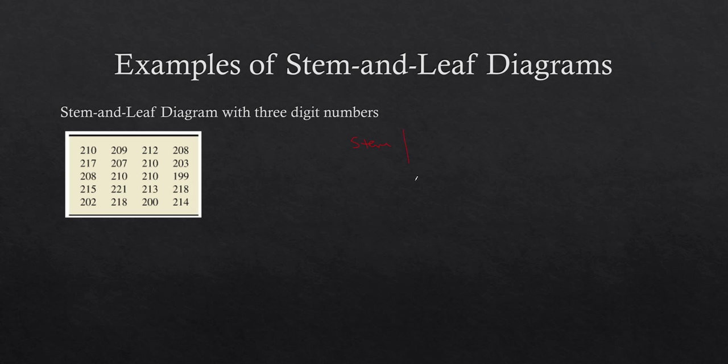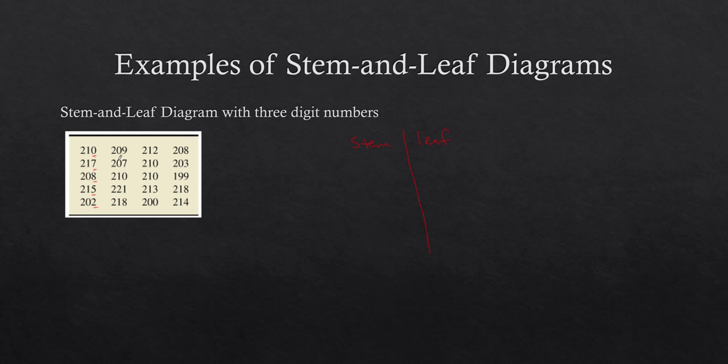Okay, so stem, leaf. Stems are everything but rightmost digits. So here's the rightmost digit. Okay, so what that means is our stem would be 21, 21, 20, 21, 20. Our leaves would be 0, 7, 8, 5, 2. Okay, all but the rightmost digit.